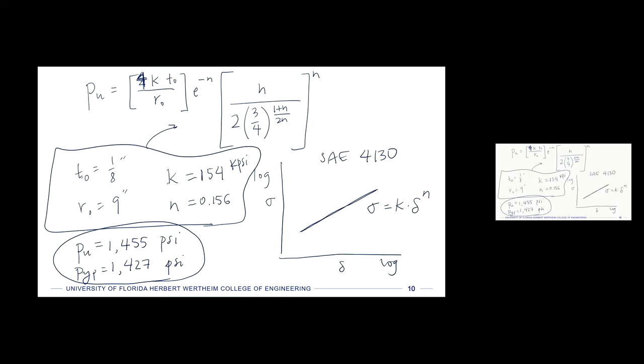The book makes a nice argument here if you want to read this at the end of chapter 5. They say that if you don't do this plastic instability calculation, and rather you just say, well, I'm just going to put in my ultimate strength instead of yield stress into the yield stress equations. Like, that should get it, right? Well, if you take the ultimate strength and put it into the yield criterion, which it's not meant to do, you get something that's really high, higher than 1,500 psi.